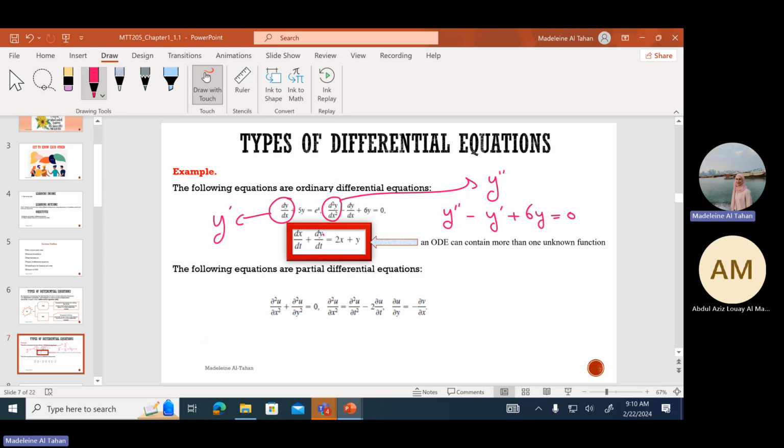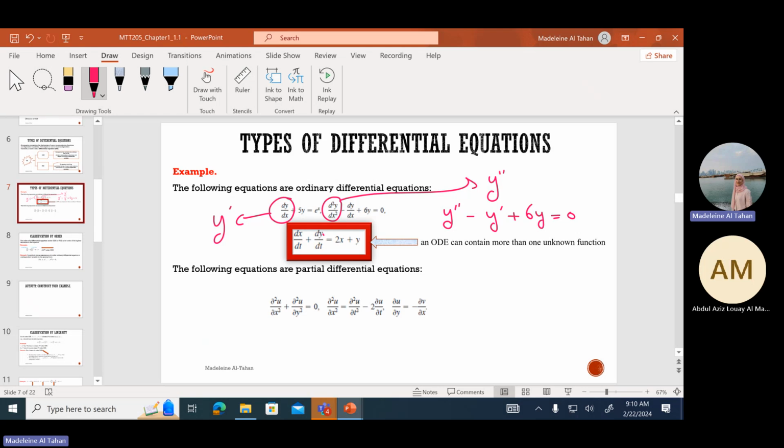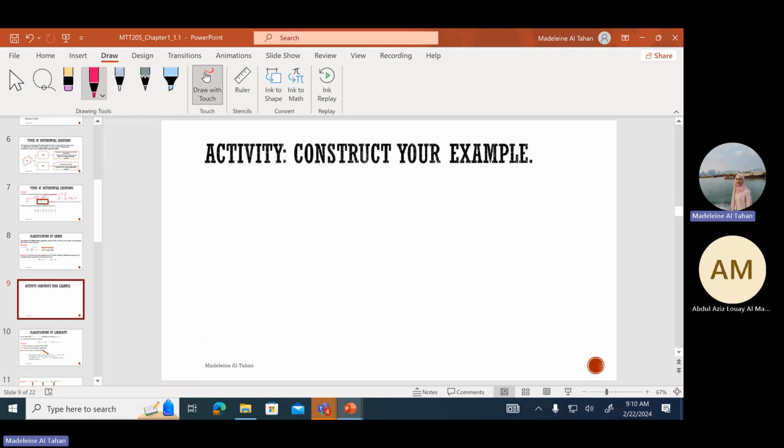Now, who's able to give us another example of an ordinary differential equation? Yes, Abu Zaid. d cube y by dx cube minus dy by dx plus y equals 6.